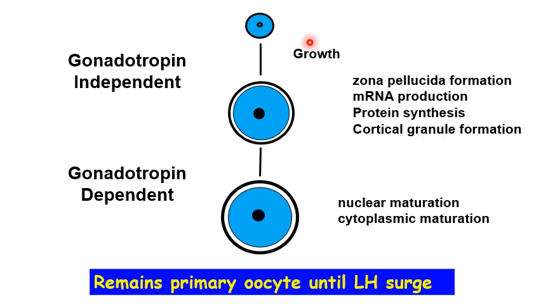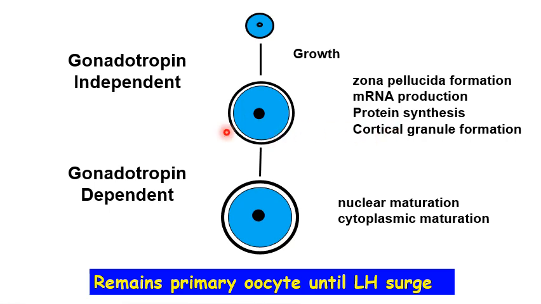So there are two important phases of the oogenesis. The first phase is the growth phase, which is considered to be gonadotropin independent. So the growth of the oocyte, particularly the primary oocyte, will include the formation of the zona pellucida, production of mRNA, synthesis of protein, and formation of the cortical granule. And these are important for eventual embryo development.